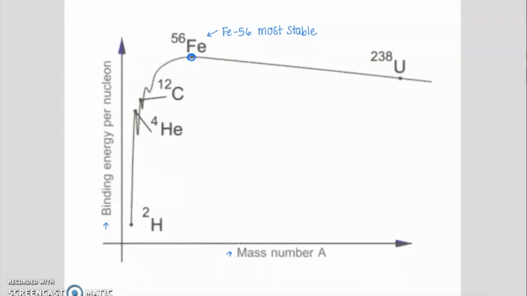And now any other element on this graph wants to get more stable. And in order to increase its stability, it might undergo fusion, if it's over here, in order to increase its mass number, increase its binding energy per nucleon, and become more stable.